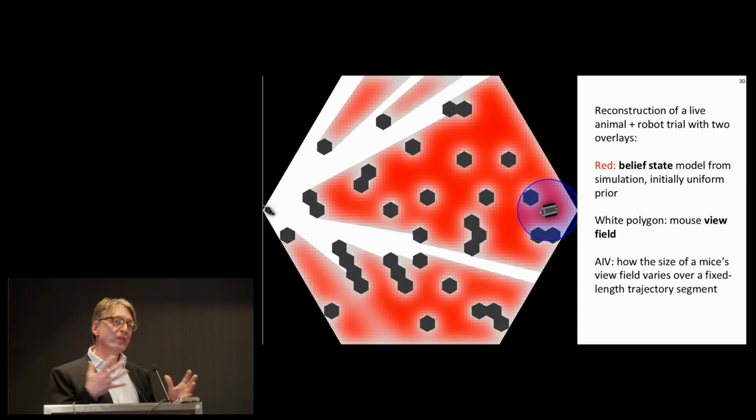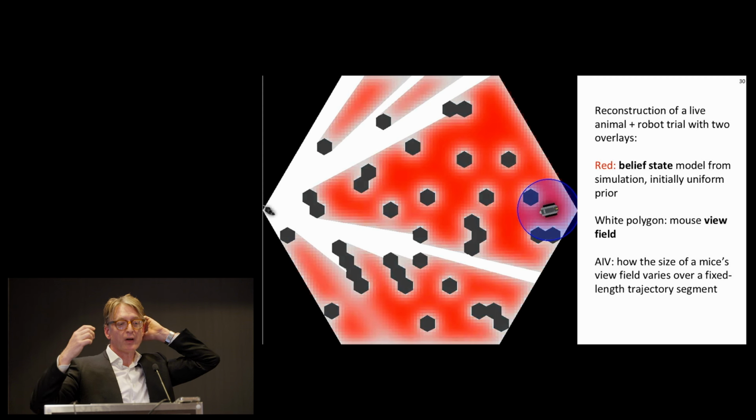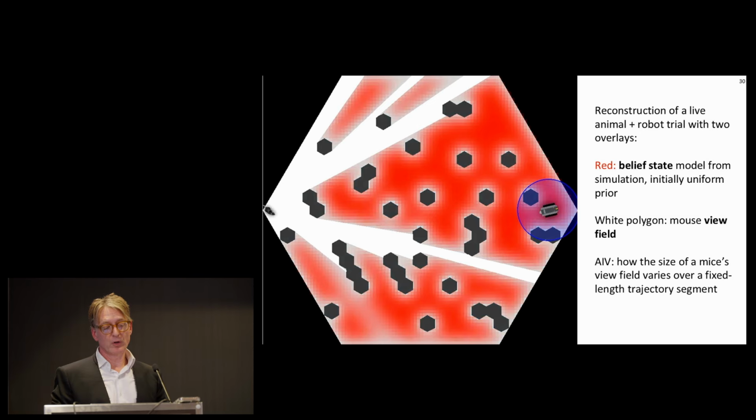All right, so we can now synthesize the earlier modeling infrastructure with live animal behavior. And for that peeking trial I showed you a few slides back, we now just implement the particle filter running off the kinematics that we recorded from the live mouse to try to get an idea of what kind of theory of mind this mouse might have with respect to the dynamics of this threat.